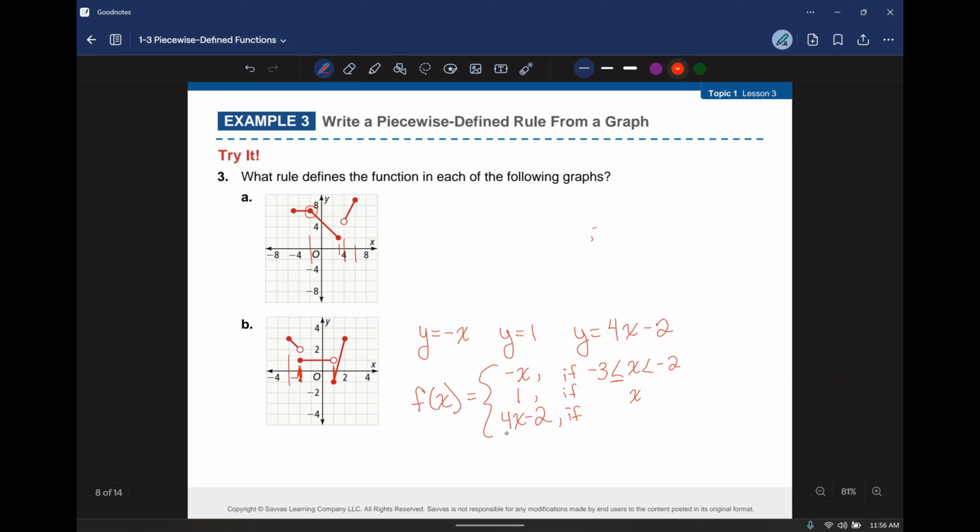So x is between -2 and 1. So I have a closed circle at -2, open circle at 1. And then we have this equation when your x is between 1 and 2, closed circle at 1, closed circle also at 2.